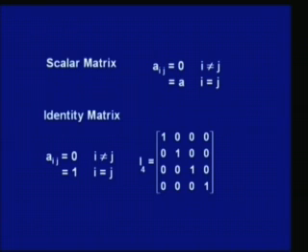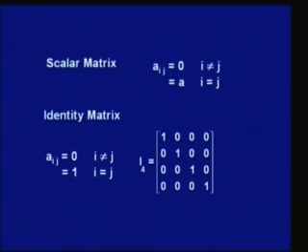The identity matrix is also a special form of a scalar matrix where this A happens to be 1. So, we define an identity matrix having Aij is 0 whenever i is not j, but it becomes 1 when i is equal to j.